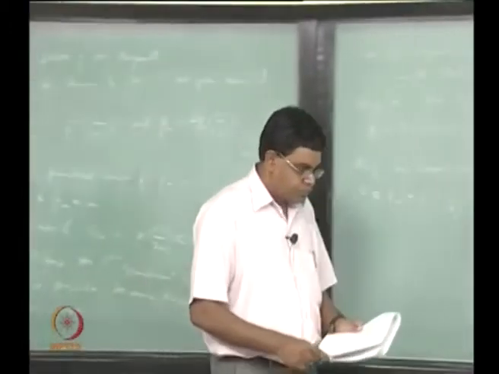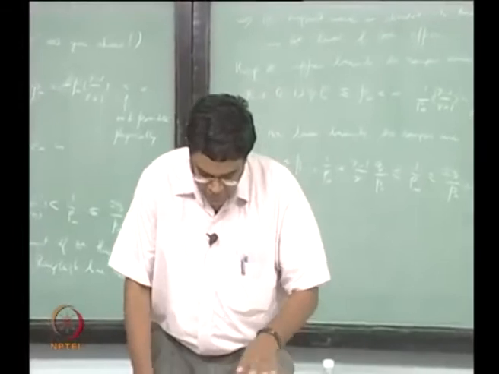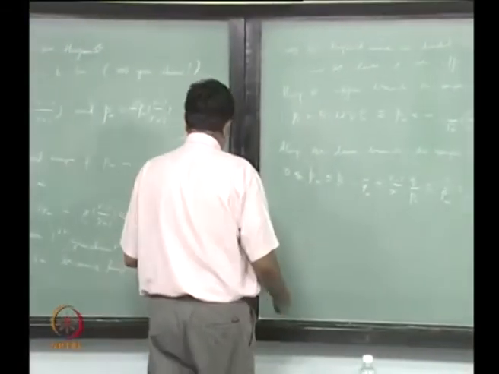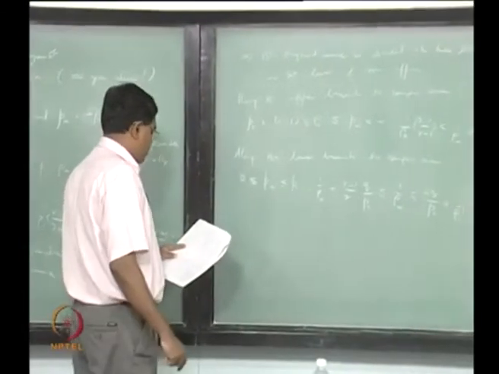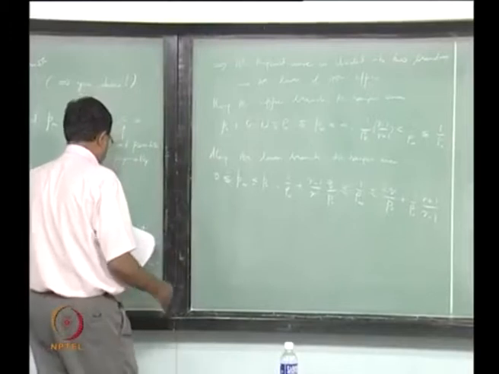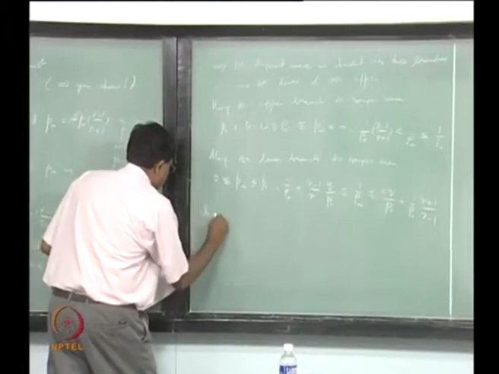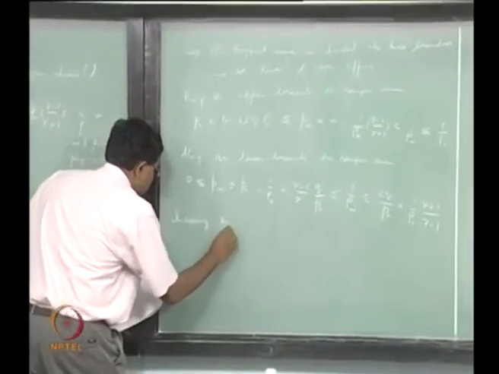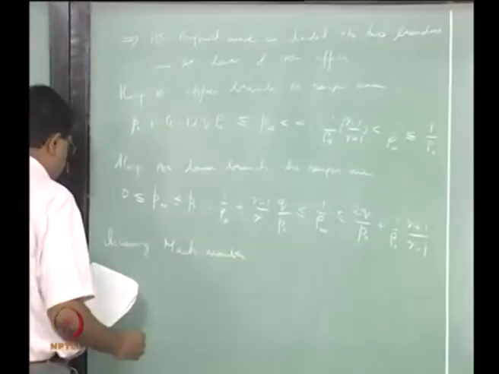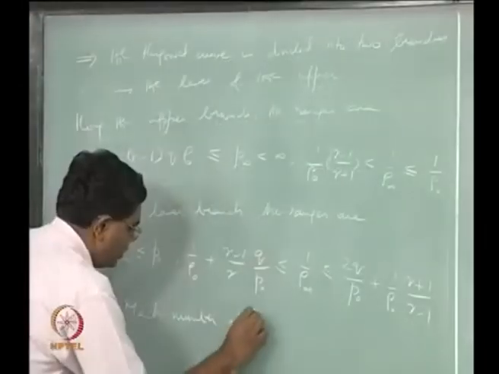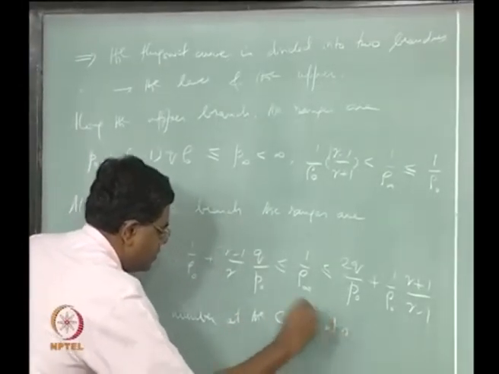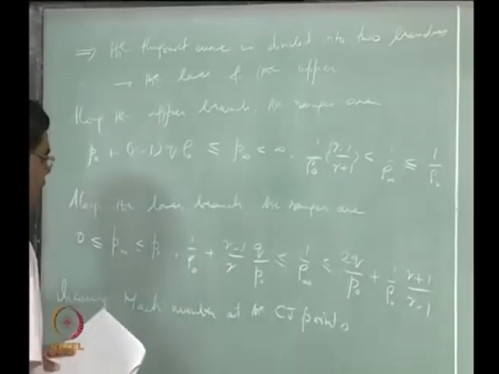Okay, and these correspond to the Chapman-Jouguet detonation and deflagration waves. So what we want to look for is the incoming Mach number at the CJ points on both branches.